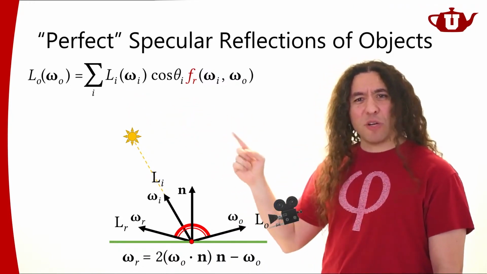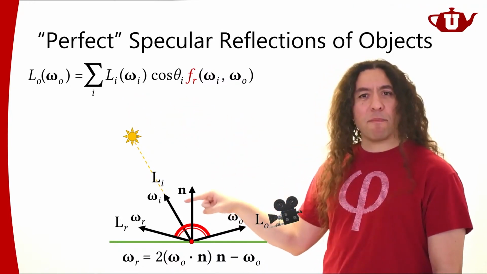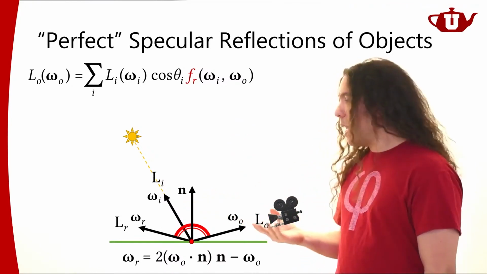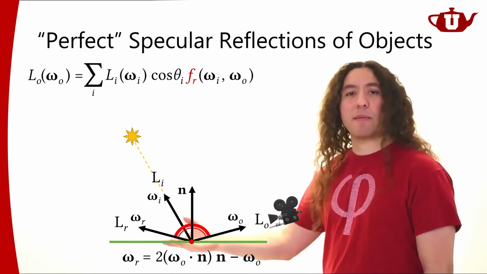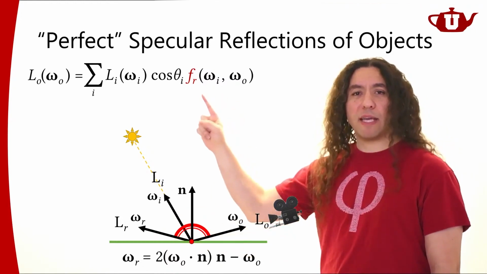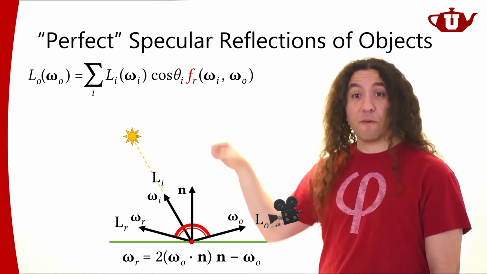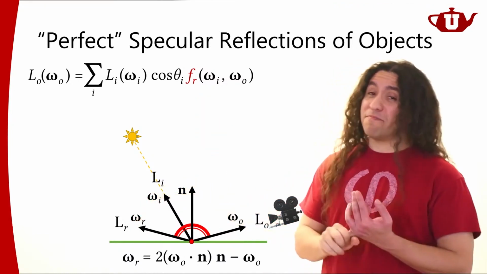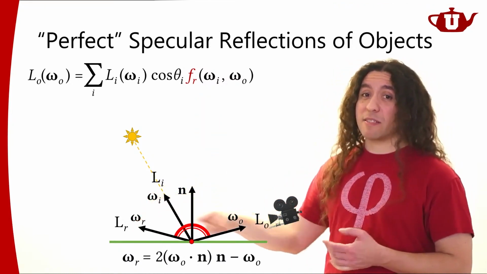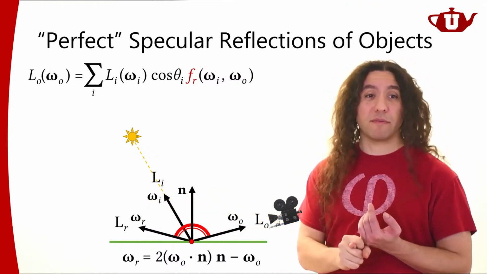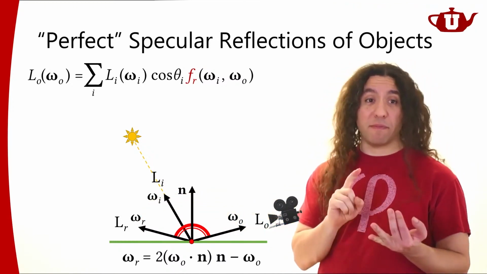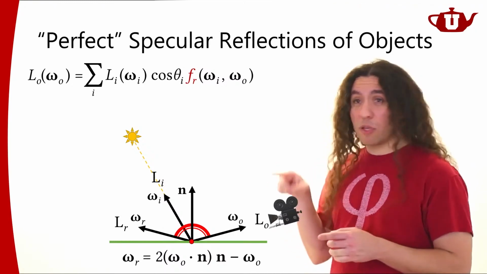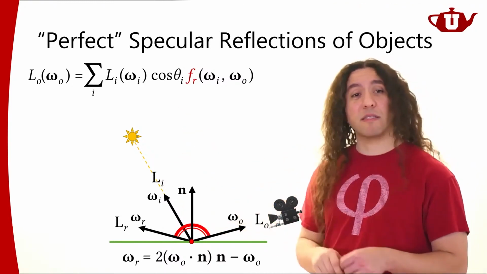But it's a little bit tricky because I am only looking at perfect reflections. So I'm going to make some assumptions about my BRDF here for the purposes of handling these reflections. If these are perfect reflections, they're not going to have any diffuse components. They're going to only have specular components, and that specular component will only work in the perfect reflection direction.